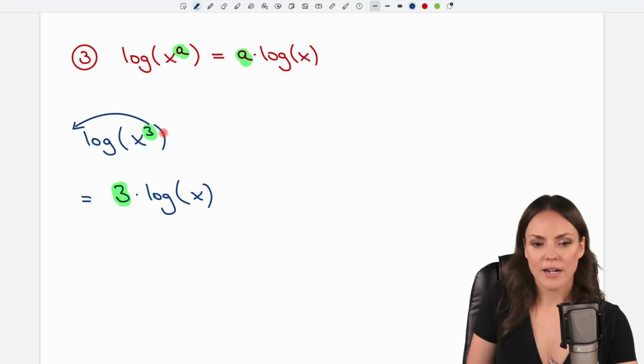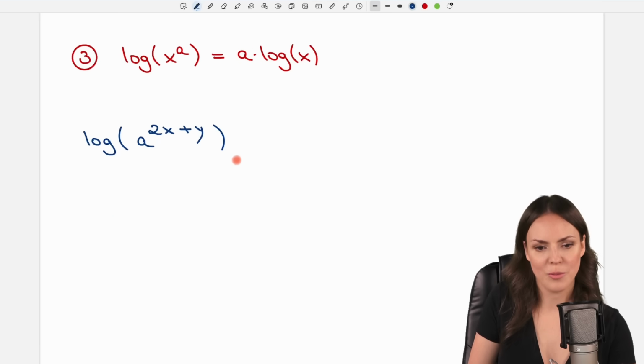And it also doesn't matter how complicated your exponent looks. So even if we take a look at this example here, where our exponent looks a little bit more complicated, we are allowed to apply the same rule: we can take this exponent and write it in front of our logarithm.